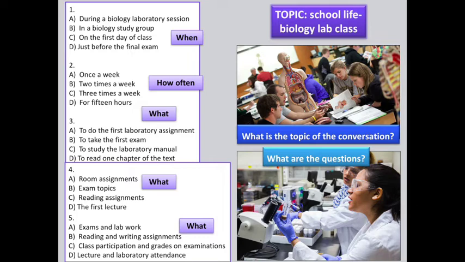What is the assignment for the next class? Number 4. What information is given in the syllabus? Number 5. What will the professor use to determine the final course grades?